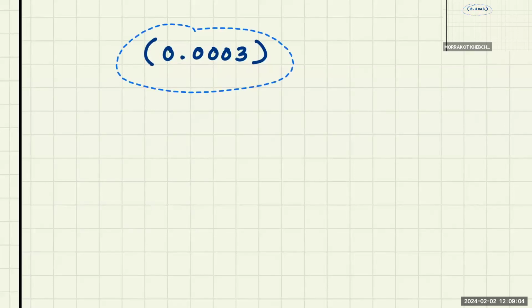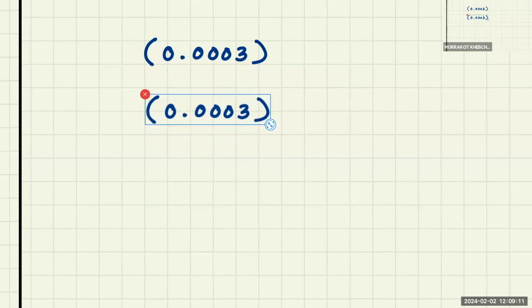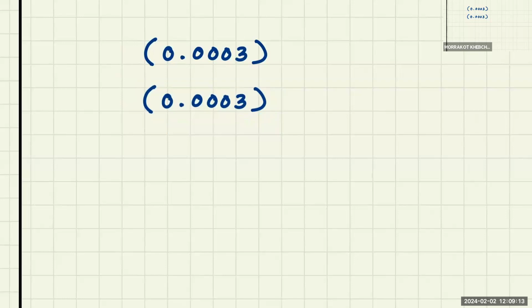Suppose you have some value, 0.0003. I have the number 0.003. If I multiply 0.003 by something like 10, the value of 0.003 is gonna be what? 0.03, right?